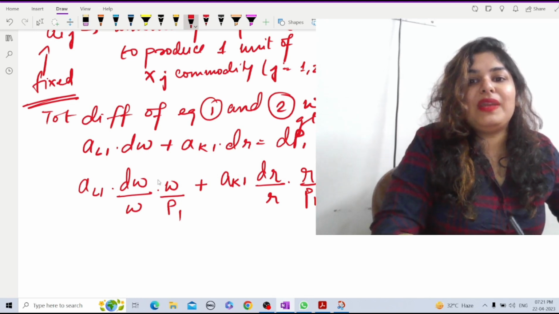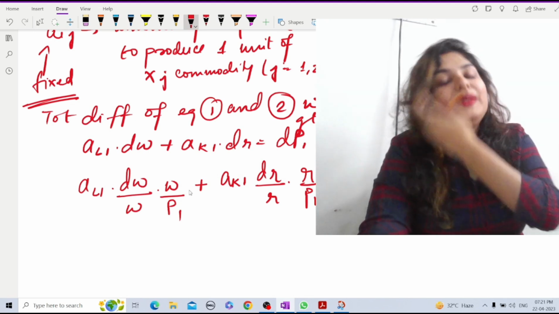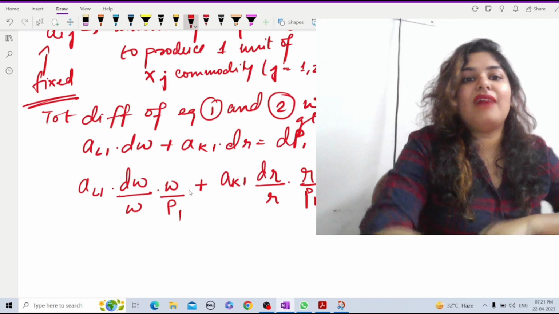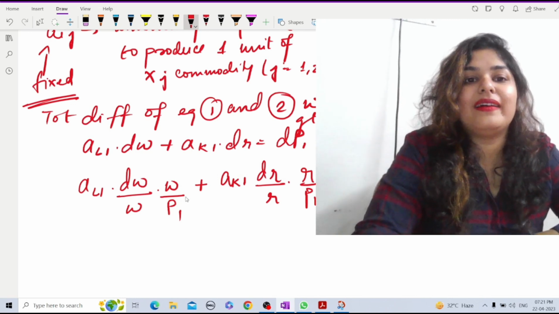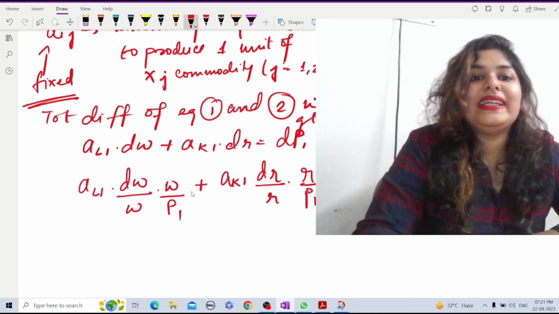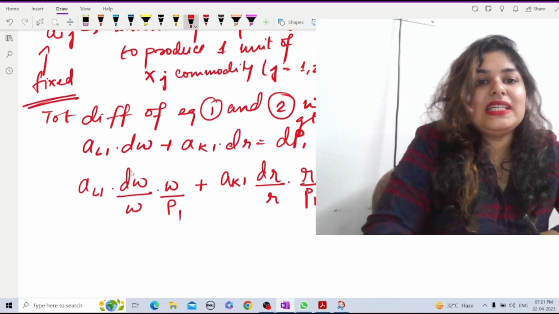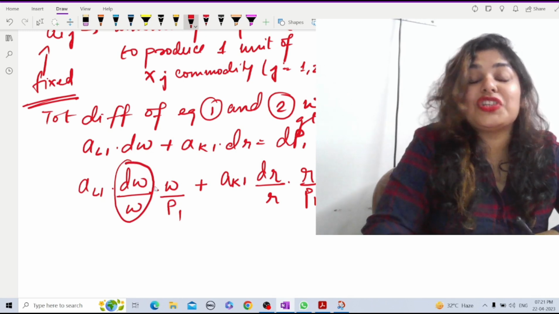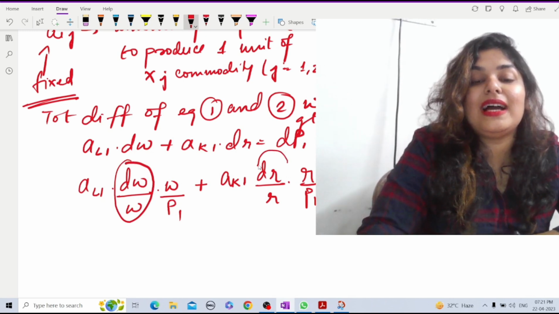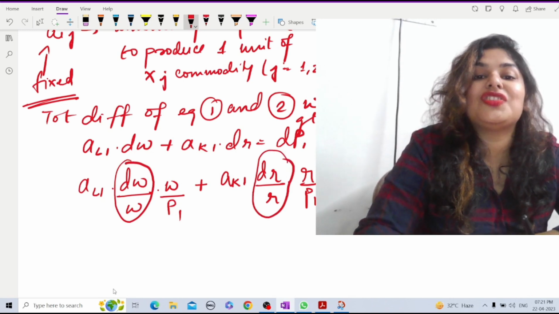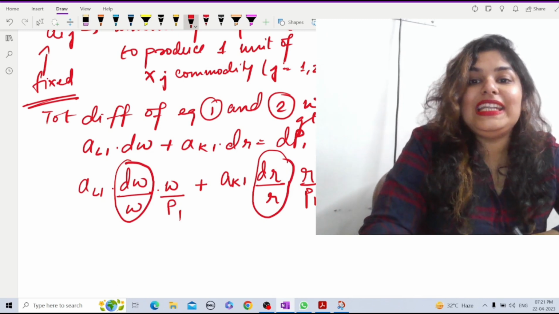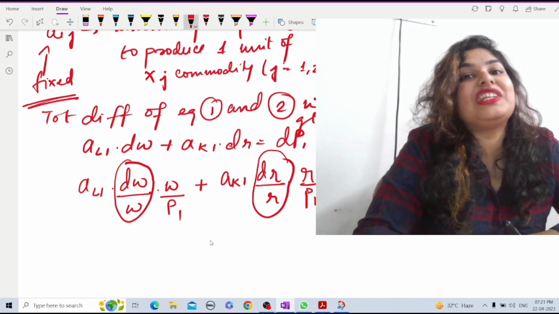So we have divided by P1 on both sides of the equation, and we have included W by W and R by R in each term. Now why did we do this? See, dW by W is the proportionate change in the wage rate, dR by R is the proportionate change in R, and dP1 by P1 is the proportionate change in price.